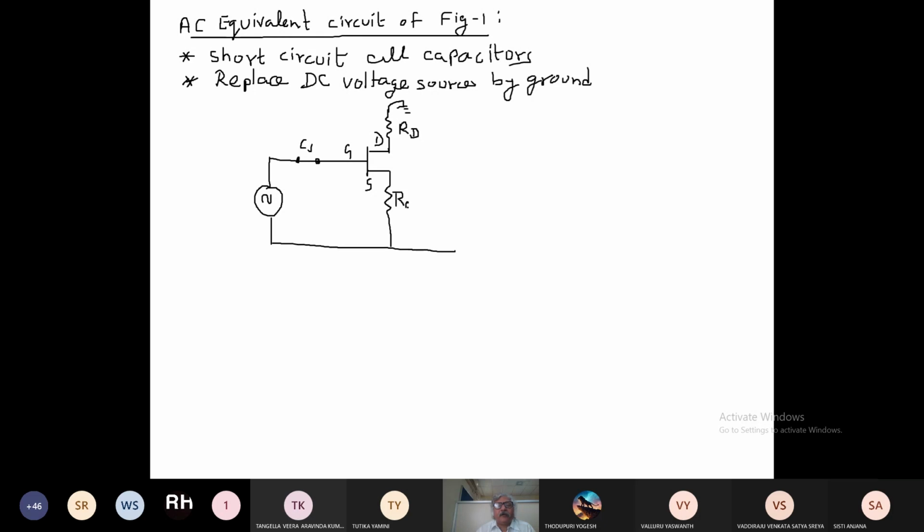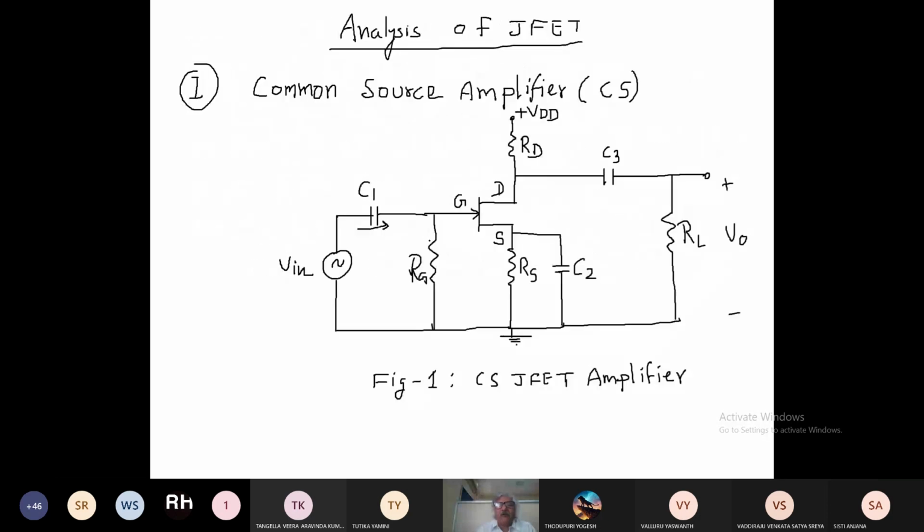This is RS. Across this we are having one capacitor. That capacitor is short circuit. What is the name of this capacitor? C2.